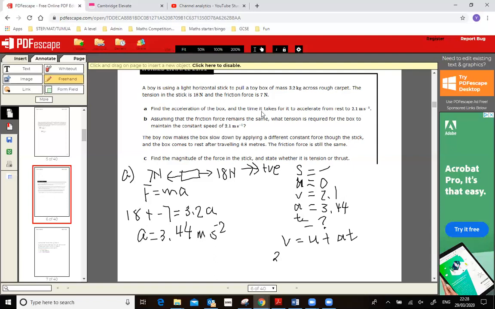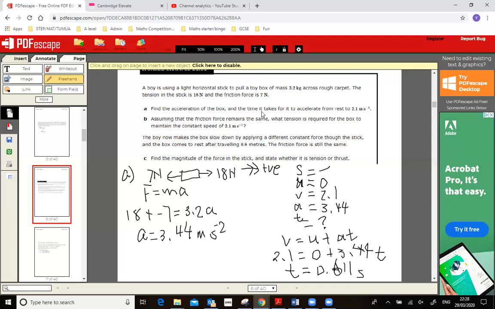Substituting the numbers in, we have 2.1 equals 0 plus 3.44 T. So T will now come out to be 0.611 second.